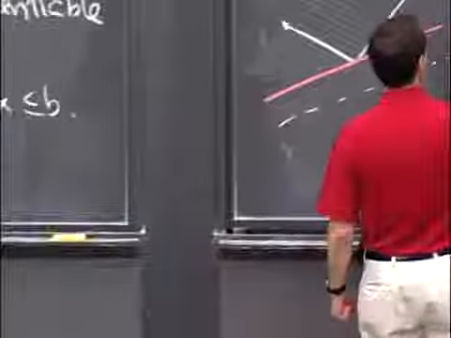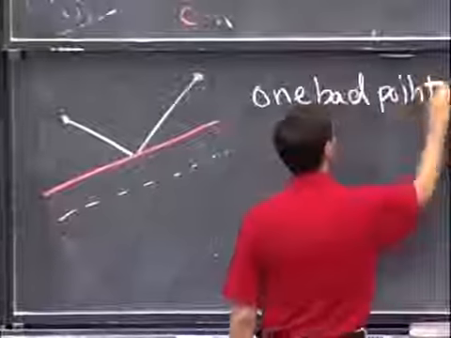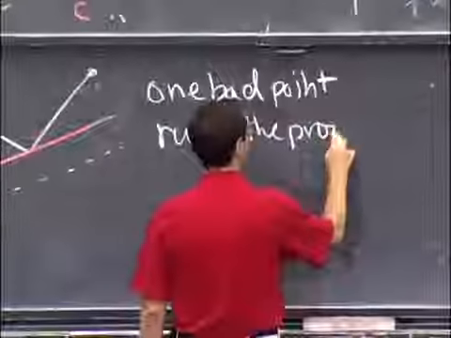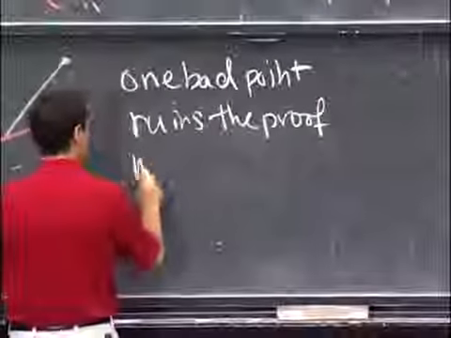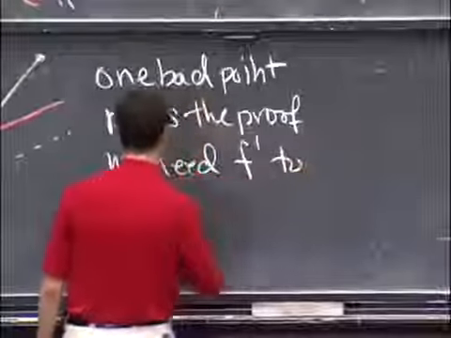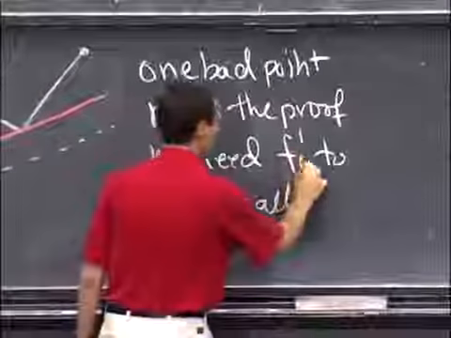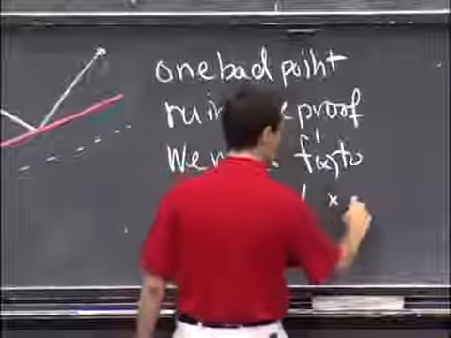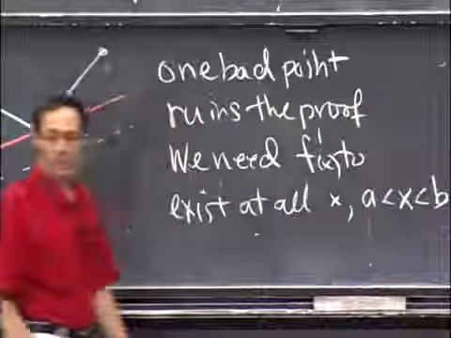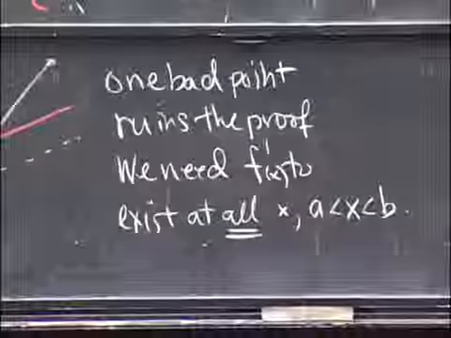So this is the claim that one bad point ruins the proof. We need f prime of x to exist at all x in between. Can't get away even with one defective point.